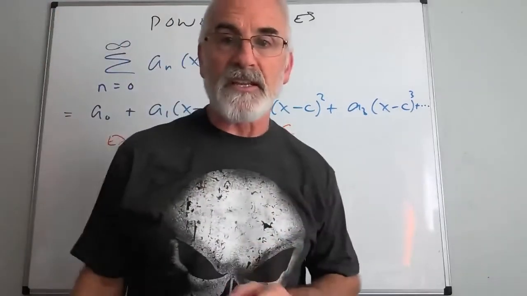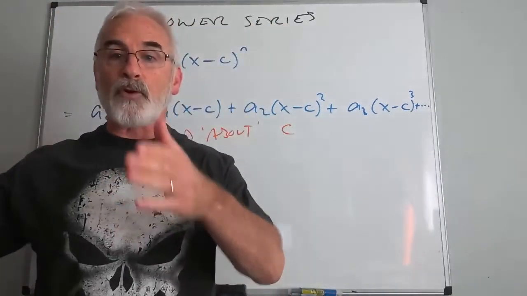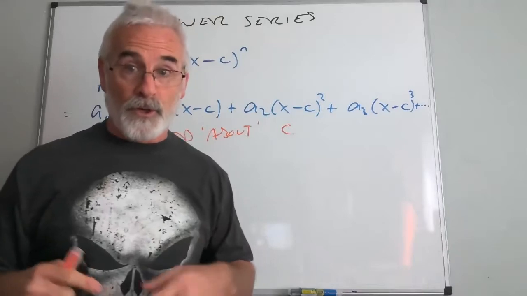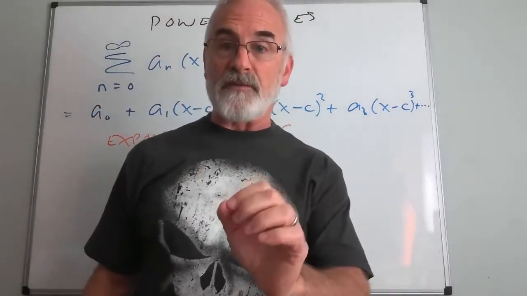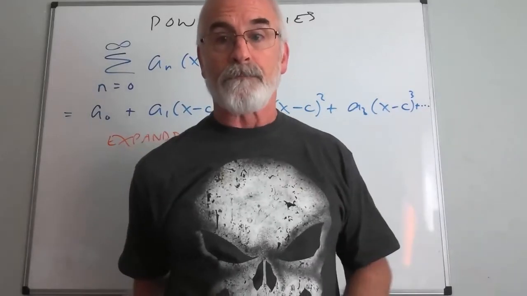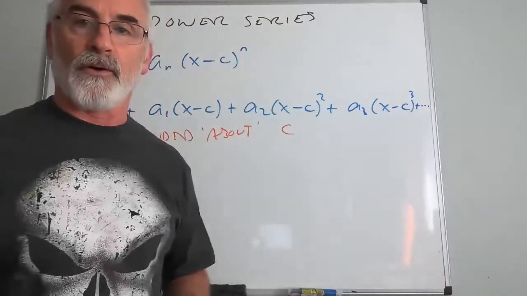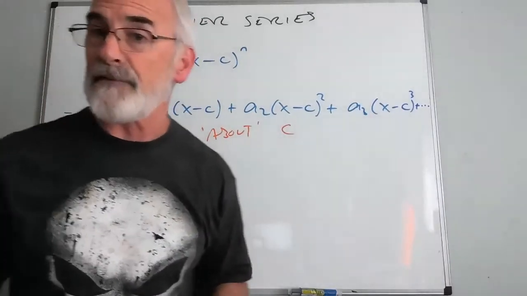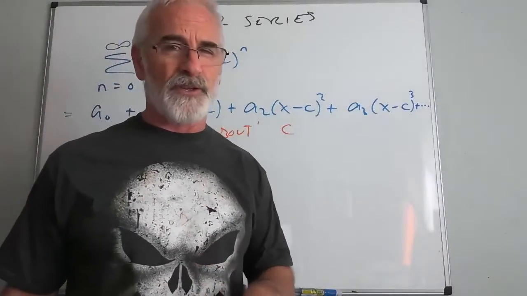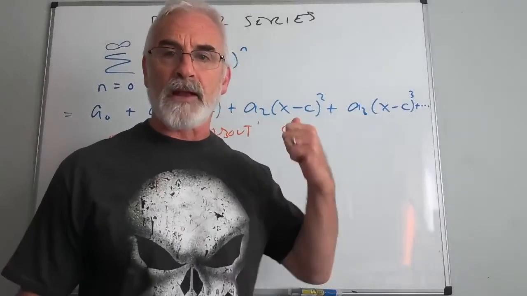Expanded about C simply means that when I am creating my power series, and you're going to have a chance to actually build your own power series, the number C is involved in every step of the way. We like it when C is 0 because it makes the explanation of the expansion easy, but I may not have a choice. C has everything to do with my original function.